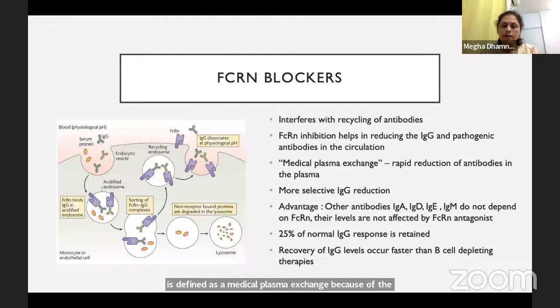It's interesting that this is more selective for IgG reduction, and hence the other antibodies are not affected by FcRn receptor antagonists, and maybe that will be helpful for us when we talk about increased risk of infections because of depletion of these antibodies.